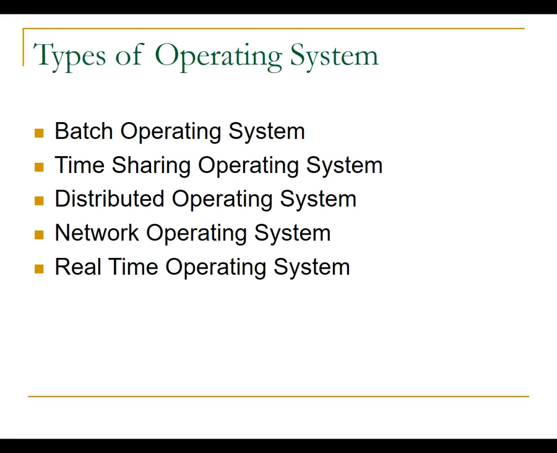Now, after looking into the functionalities and the features of operating system, it's time to discuss about various types of operating system which support all these functionality and features, or some of the functionality and features as per the historical development of operating system.